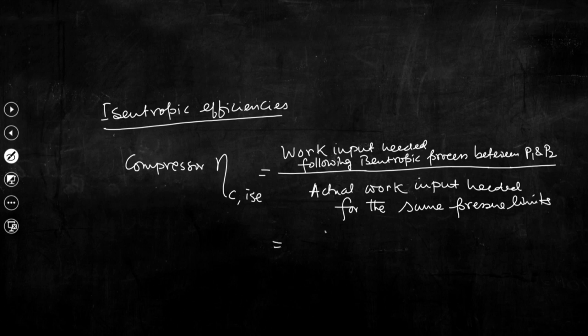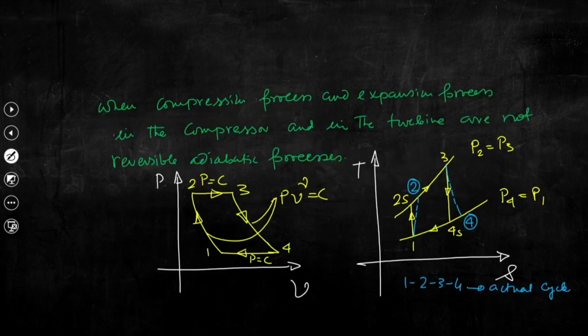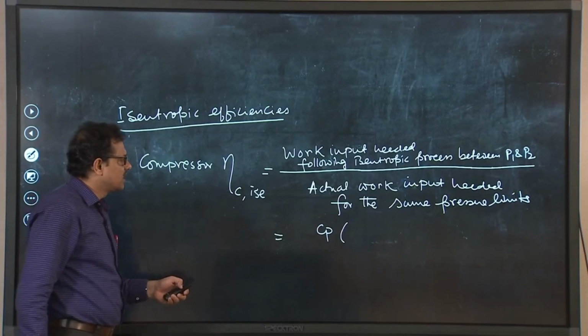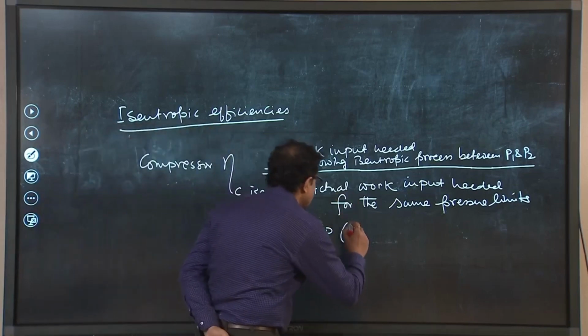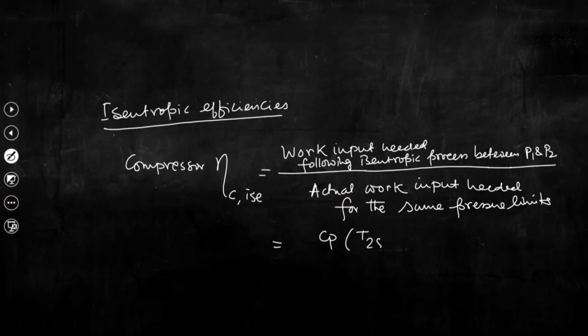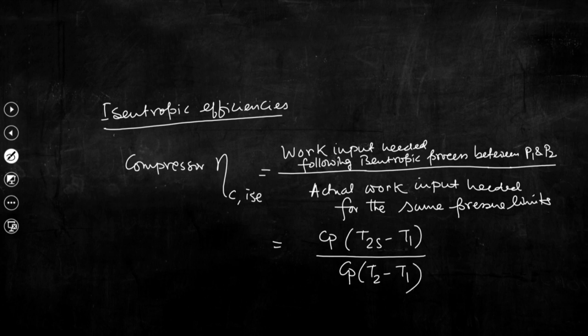That means Cp times, the work input needed to run the compressor following the isentropic process between the two pressure limits P1 and P2, and the actual work input. So this is basically T2s minus T1 divided by T2 minus T1, with Cp in both.